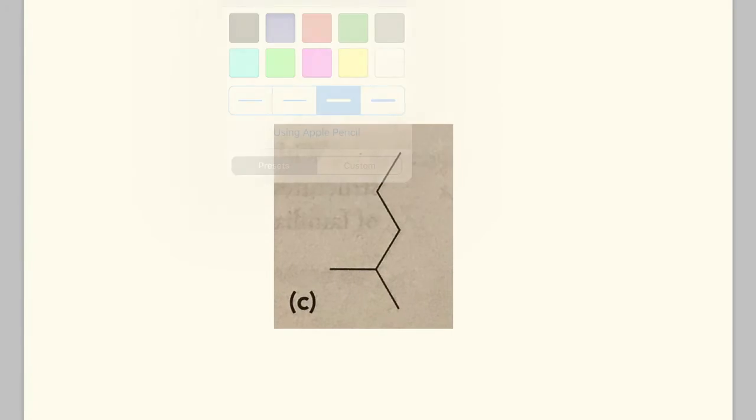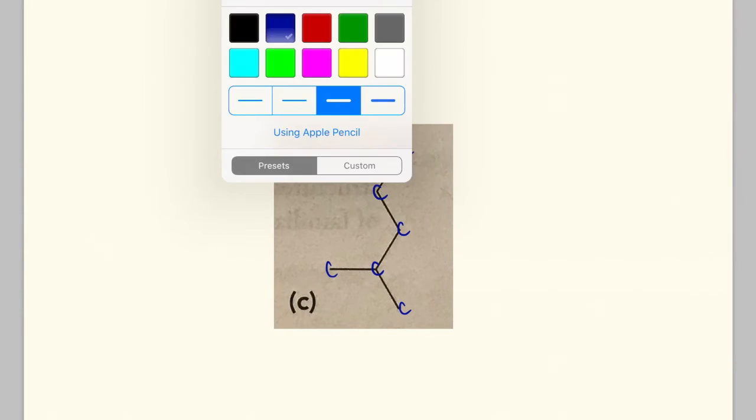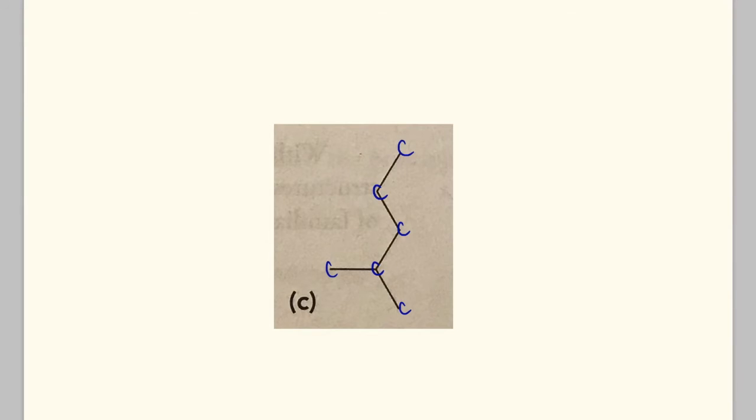Here's part C. Again, any end of a line is a carbon. Any intersection or bend is a carbon. And then we want to add enough hydrogens to complete the tetravalency of carbon. Carbon needs a total of 4 bonds always. So those missing bonds are always to hydrogen.